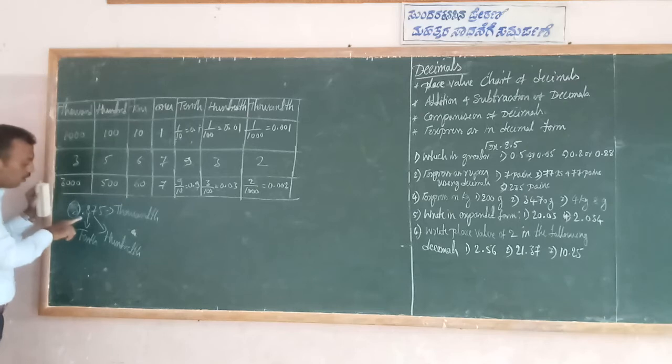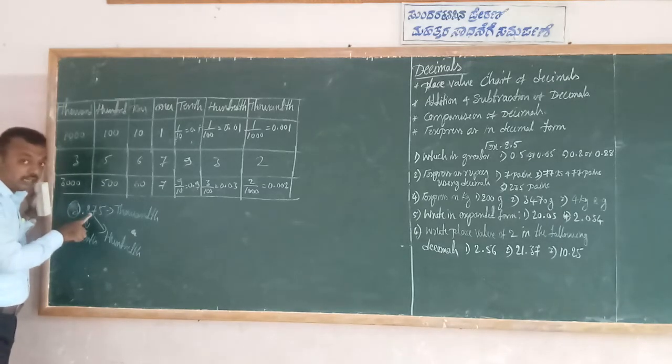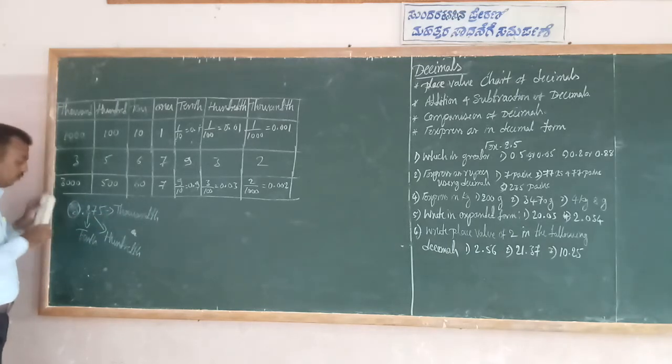Please remember that on the right side of the decimal point, the first digit we call tenths, the second digit hundredths, the third digit thousandths. On the left side of the decimal point, it is as usual in the number system value.